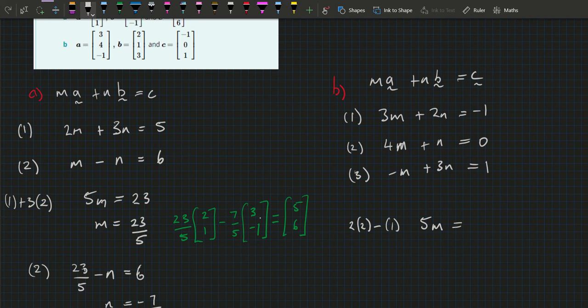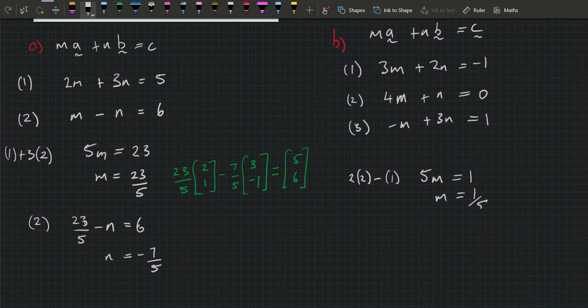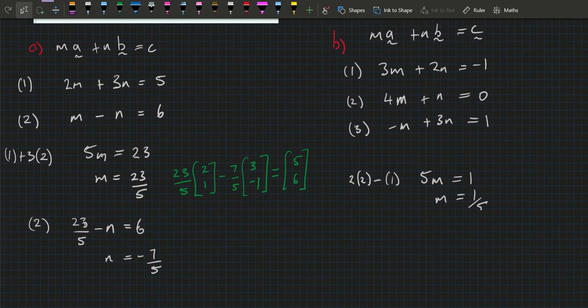And take away minus gives me that. So m is equal to 1 on 5, which means that if I sub them back into equation 2, looks easy, then 4 times 1 on 5 plus n equals 0. So n has to equal minus 4 on 5.